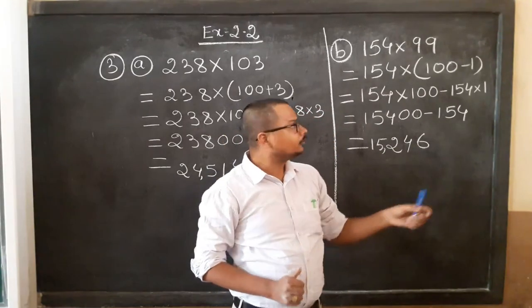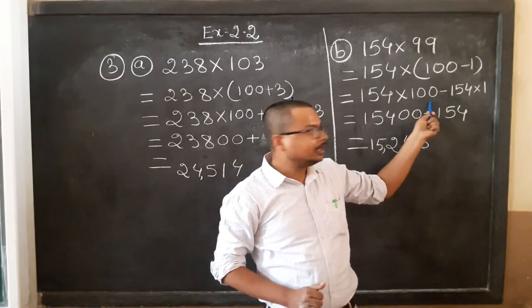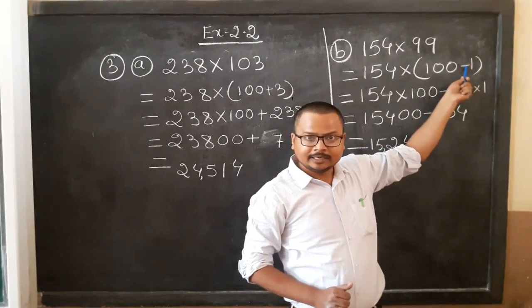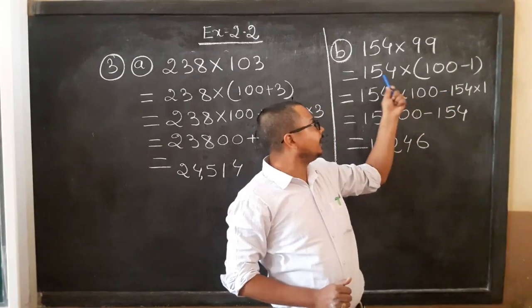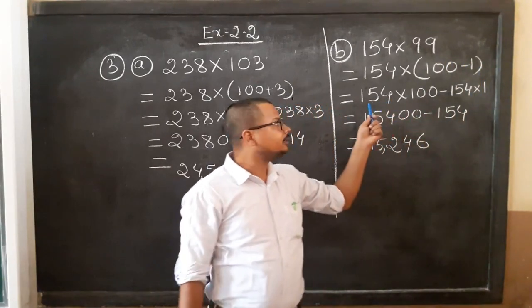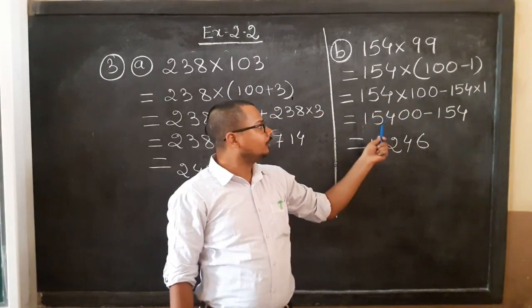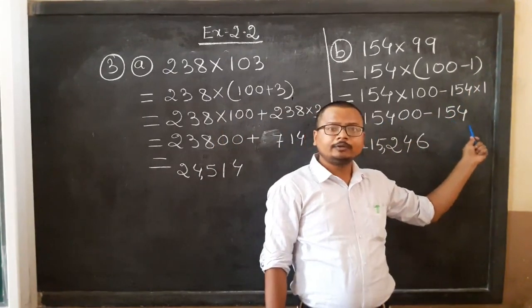Now let us solve 154 into 100. We have written it like this. Again, here you can see minus sign is given. So here also we will give minus sign. Okay. Again, 154 into 1. So we get the answer 154 into 100 is 15,400 and 154 into 1 equals 154.